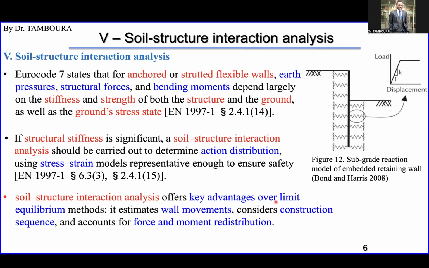You can consider construction sequences, like construction stages, and you can also see how the force and moment distribution can contribute. That's why the soil structure interaction analysis is interesting, and it is really important you do it if the structural stiffness is high.